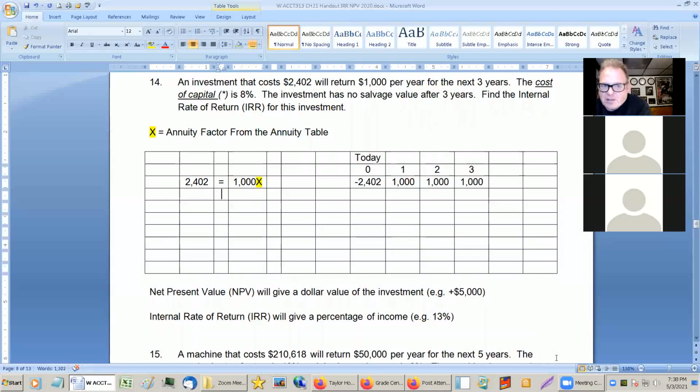So we have to solve for X. So how do we do it? Divide both sides by 1,000.